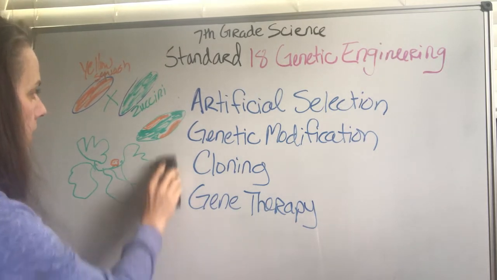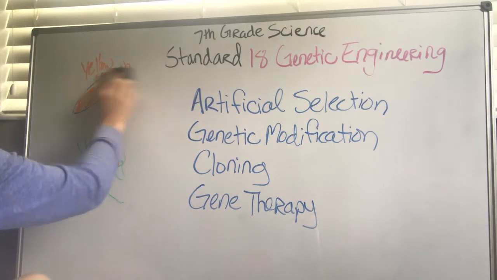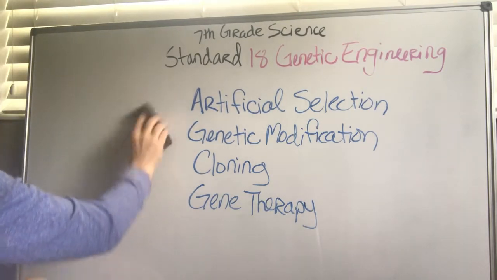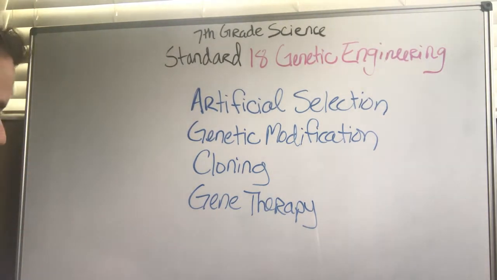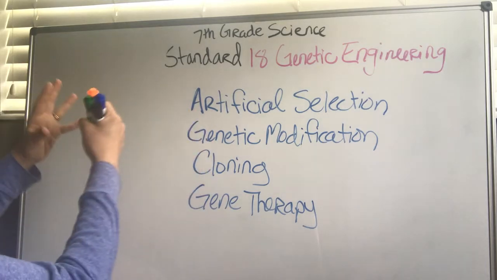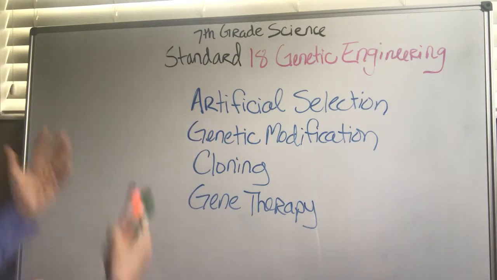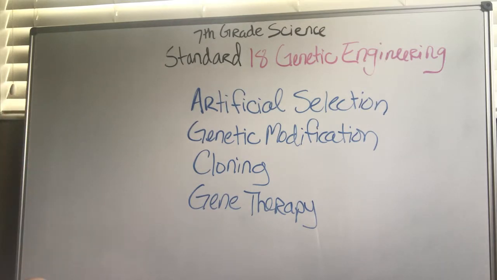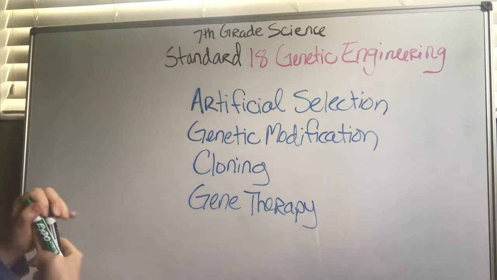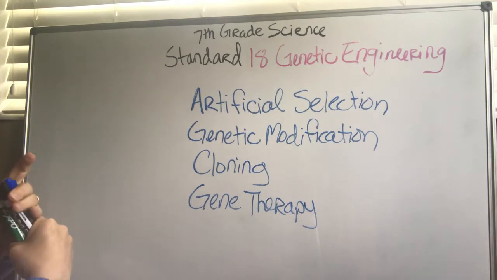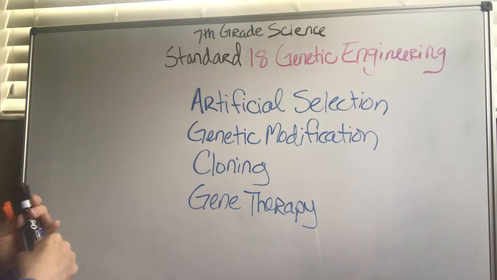So we might select for the colors, that's the trait, or other properties that are a part of an organism. We might select for how sweet a fruit is. We want a piece of fruit to be more sweet. And so we combine certain character traits of two different plants and try to create a different piece of fruit that has those characteristics that we desire.